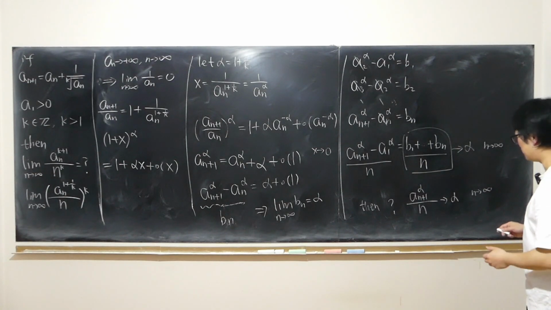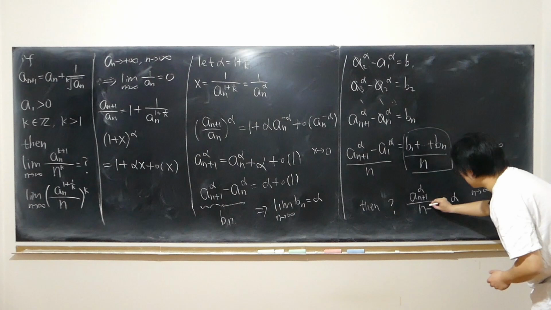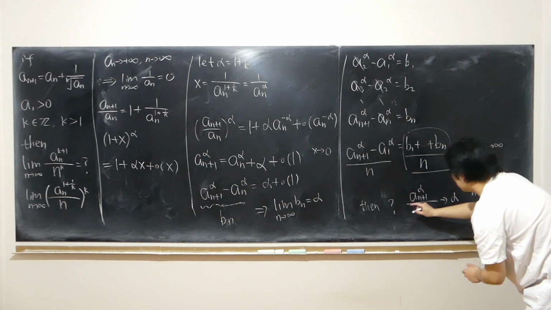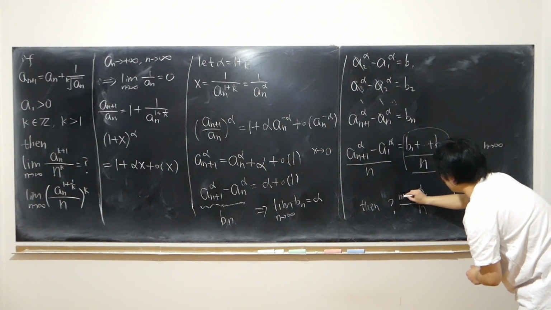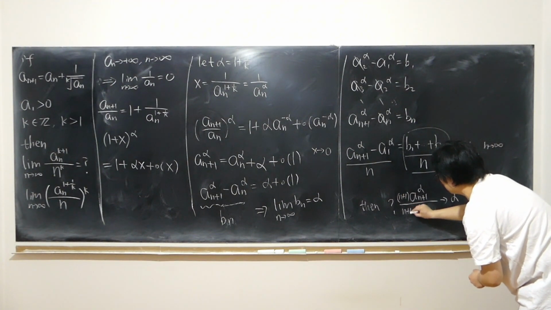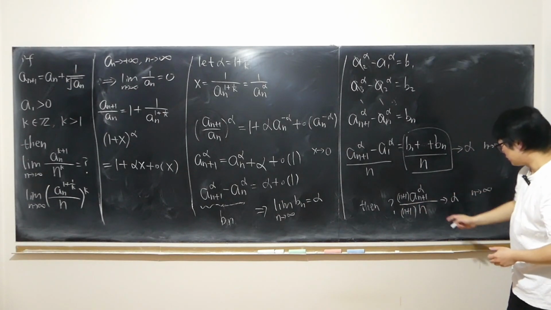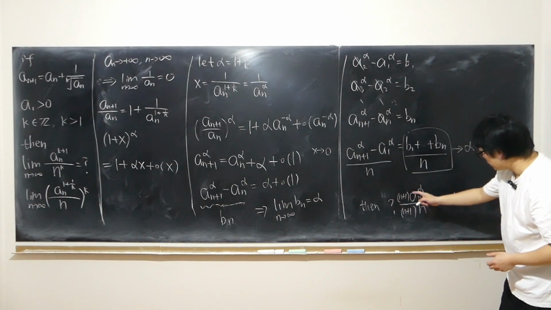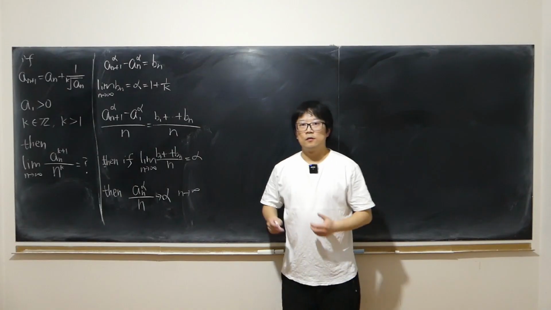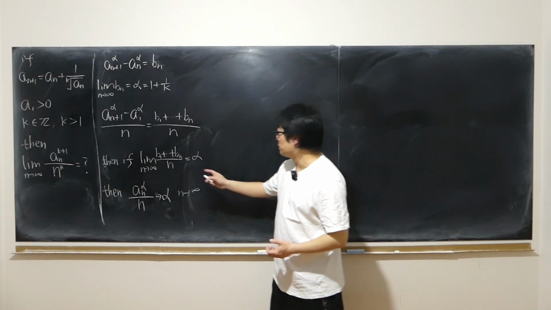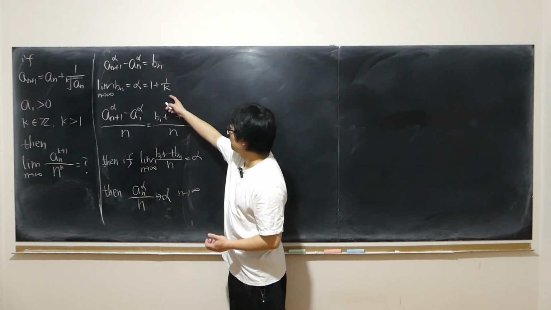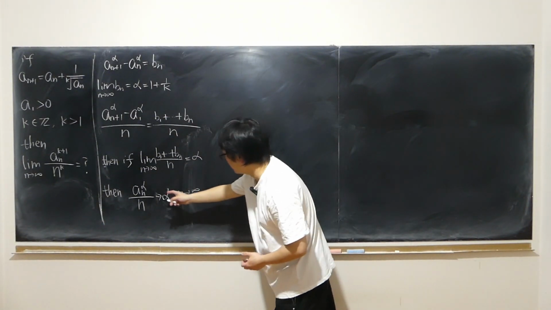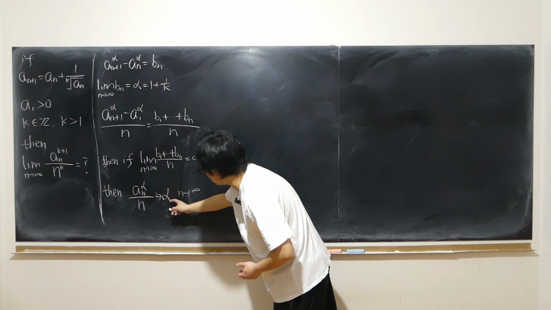Perhaps we multiply by n plus 1 divided by n plus 1, just so this subscript is consistent with this one. Then n plus 1 over n tends toward 1, so this doesn't really matter. As long as we can show that this limit is also alpha, as this one, where alpha is equal to 1 plus 1 over k, then we can show that a_n to the alpha over n is also tending toward alpha.